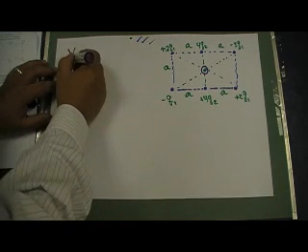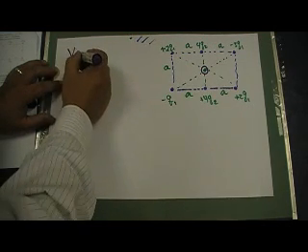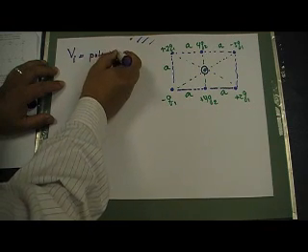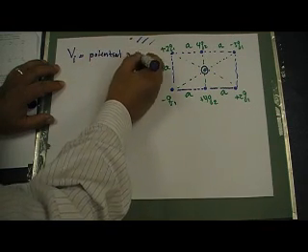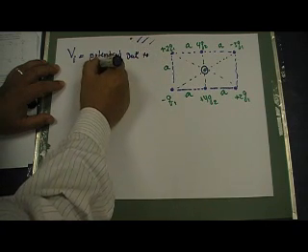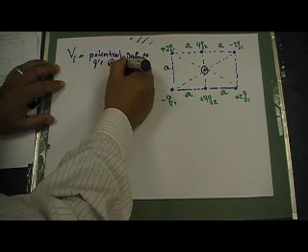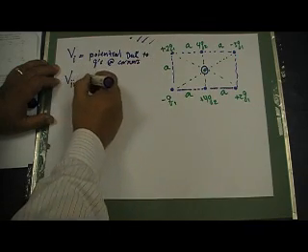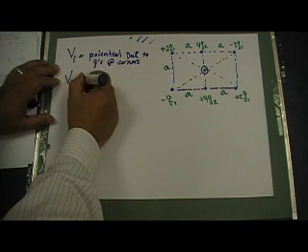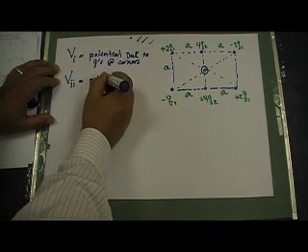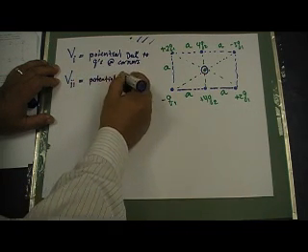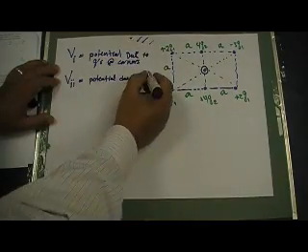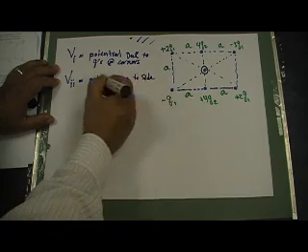So let's call V1 the potential due to charges at the corner, the Q's at the corners, and V2 the potential due to the other charges, the side charges.